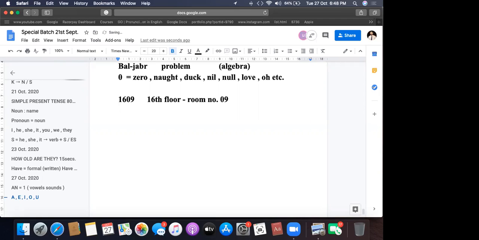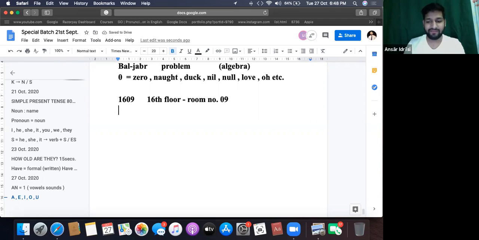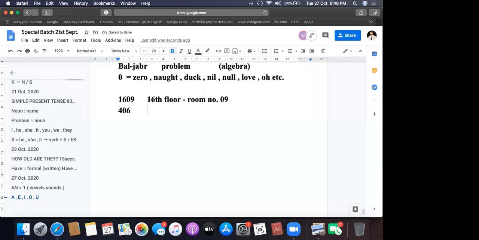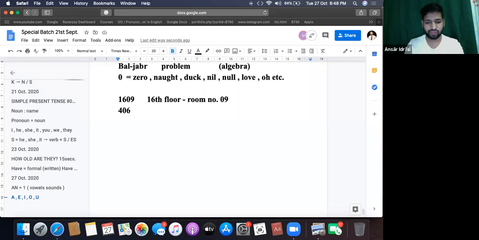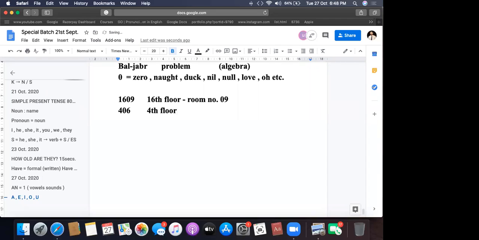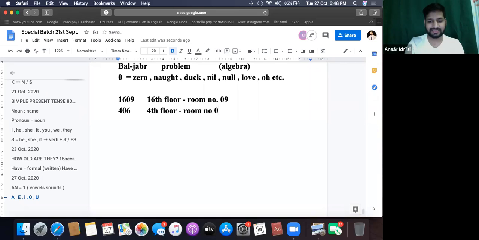ध्यान देना है, हाँ? If you have 406, room number 406 means what? 4th floor 6. ध्यान में दो, यहाँ पे अच्छी चीज सिखा रहा हूँ. 4th floor. Correct. Room number 6. चलो.